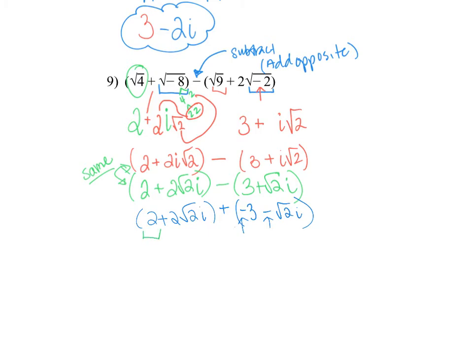So 2 and negative 3 are both the real parts. That would be a negative 1. And then we have 2 square roots of 2i minus a square root of 2i. That's like minus 1 here. So 2 minus 1 would be 1 square root of 2i. Or you could just say negative 1 plus square root of 2i. And that would be my answer.